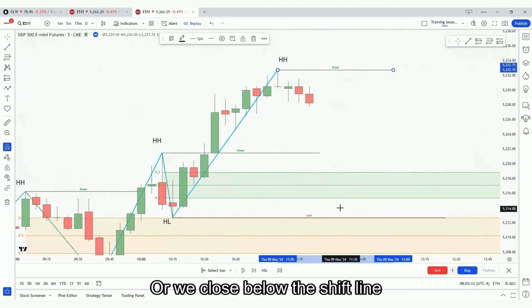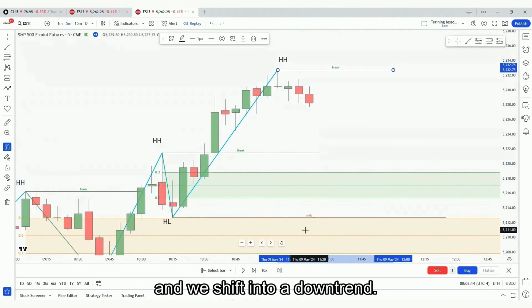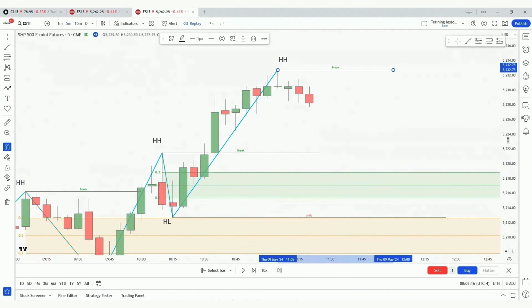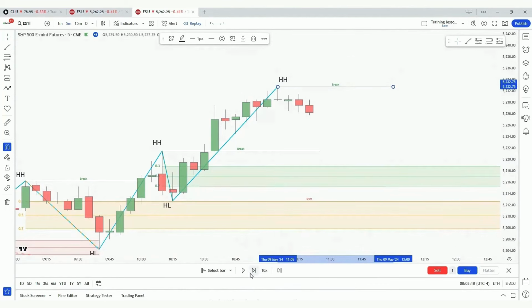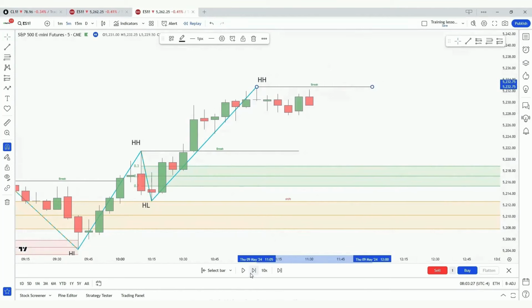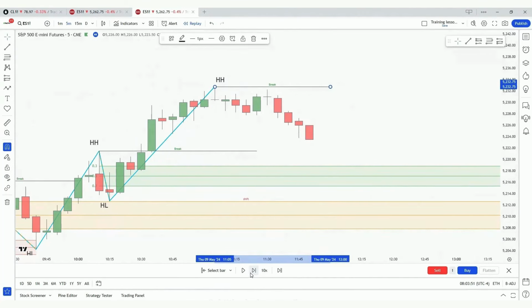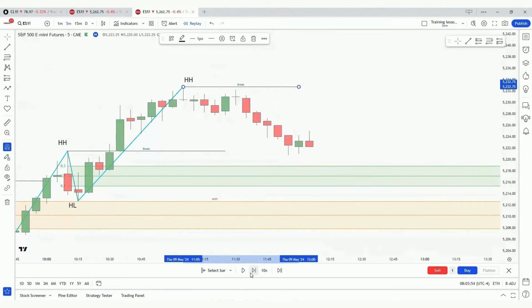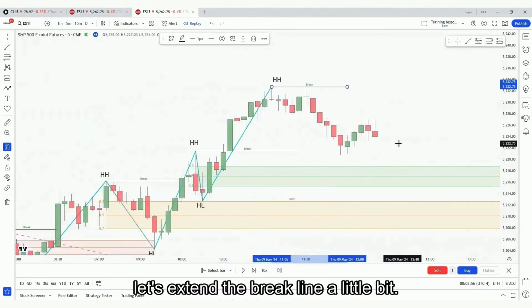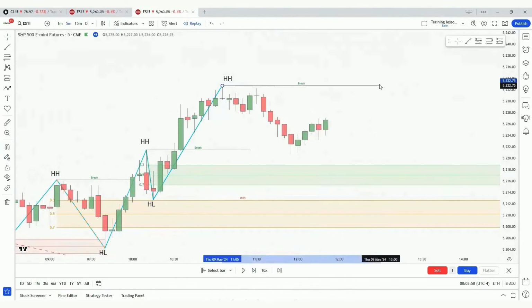Or we close below the shift line and we shift into a downtrend again. Let's extend the break line a little bit.